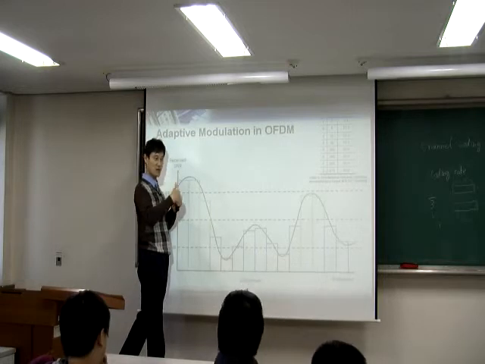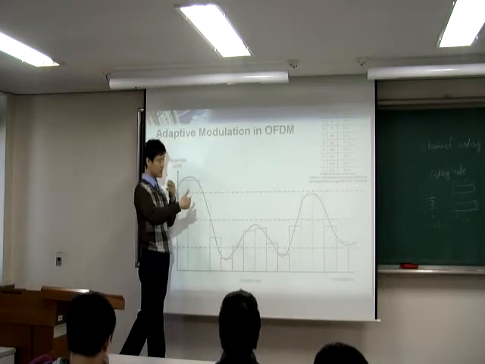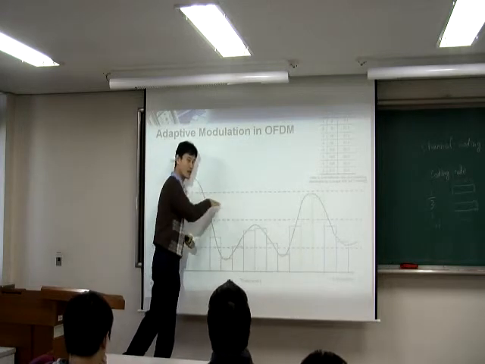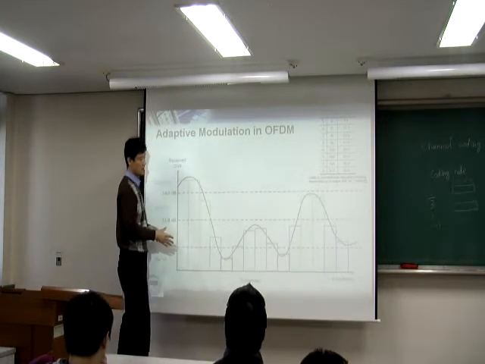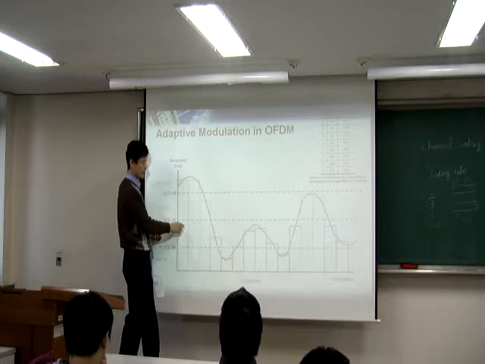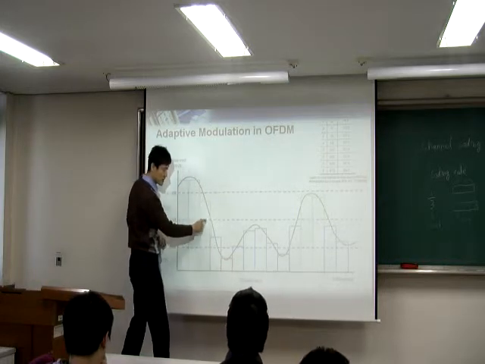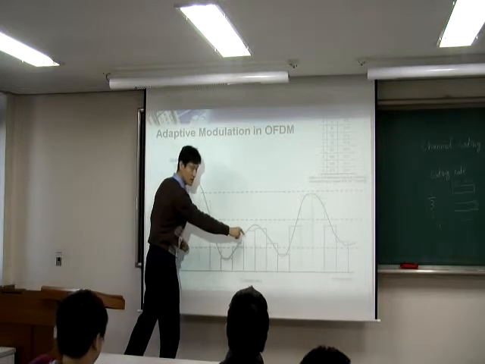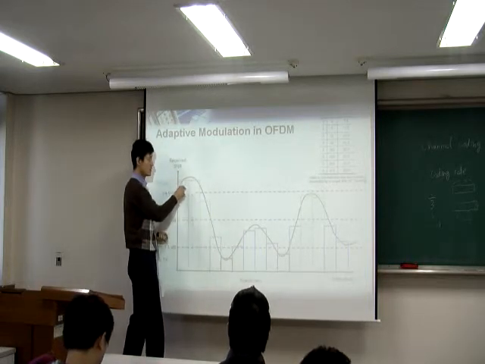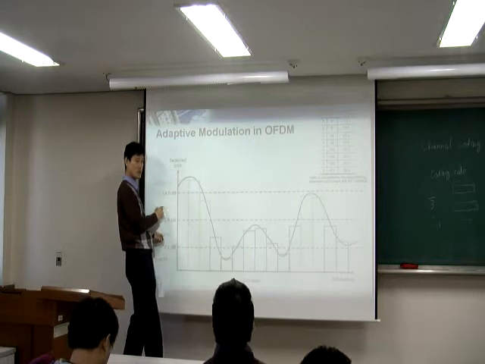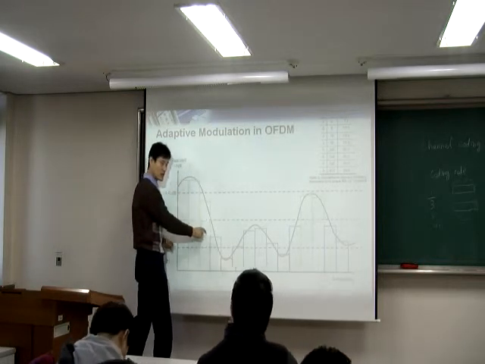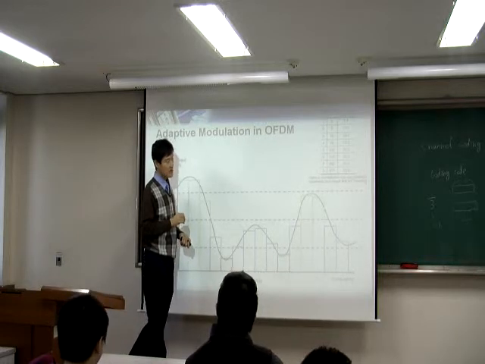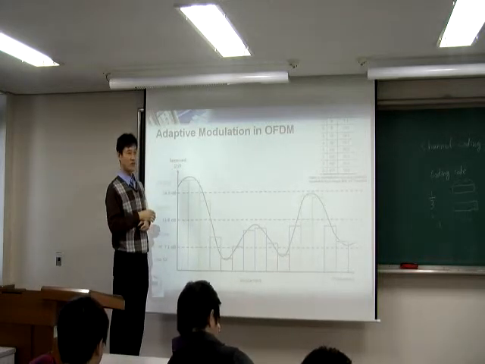Since you already have multiple symbol interferences, your channel transfer function has a lot of fluctuation. So we go to the frequency domain, design the subcarriers narrow enough, like this, load a different size of modulation, different information, for each subcarrier, and transmit in the frequency domain. That is the fundamental idea of DSL.